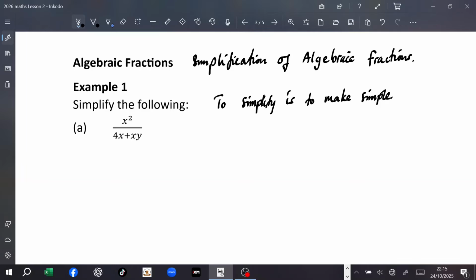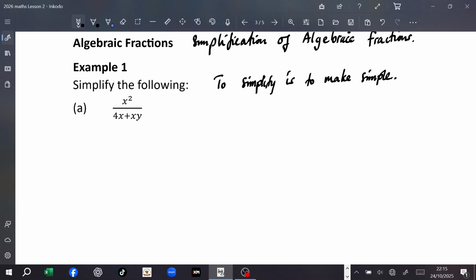It's important that whenever you are solving a question, you understand the question, because if you don't understand it, you may end up failing to answer it correctly. So when they say simplify, here is how you do it. We have this question which says x to power 2 over 4x plus xy.